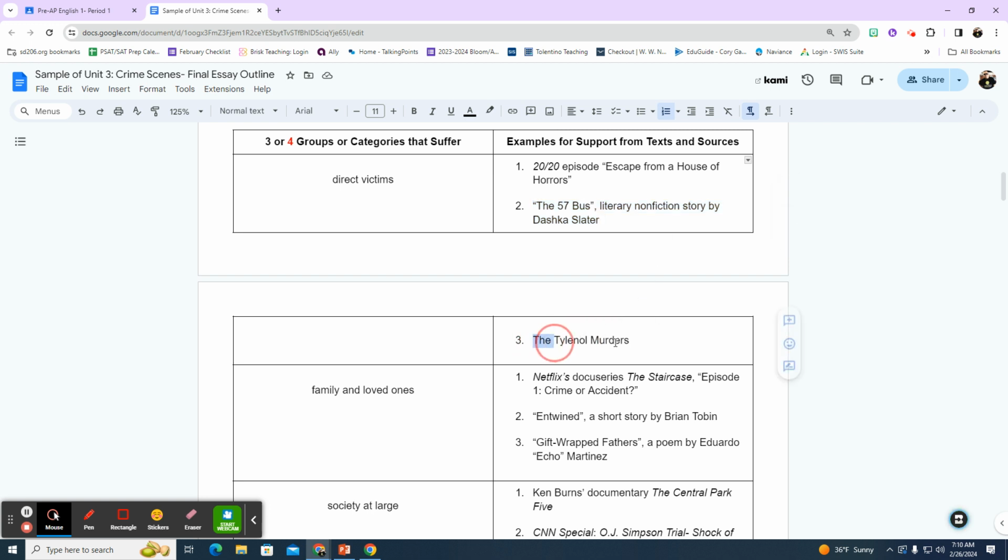And I also went with the Tylenol murders, which we didn't read or watch. It was a Nightly Puzzle that we did. It's a story about a very famous event that happened in the Chicagoland area that also had a number of information about direct victims and how they were affected by the crime.